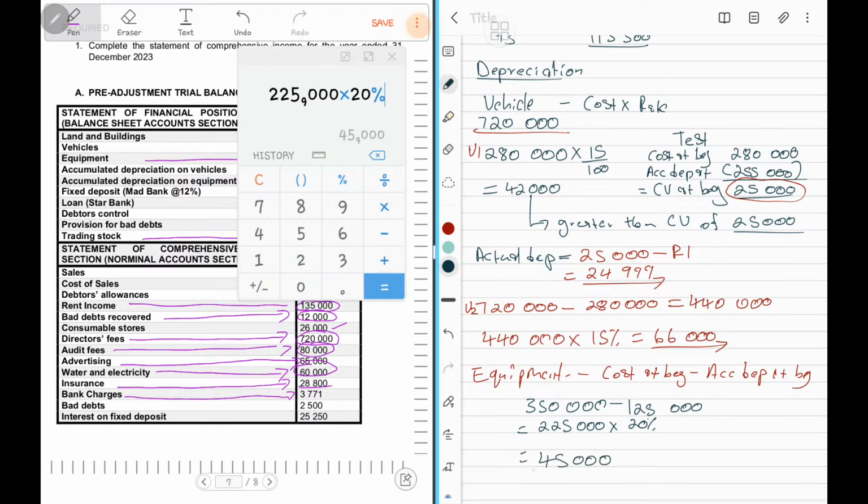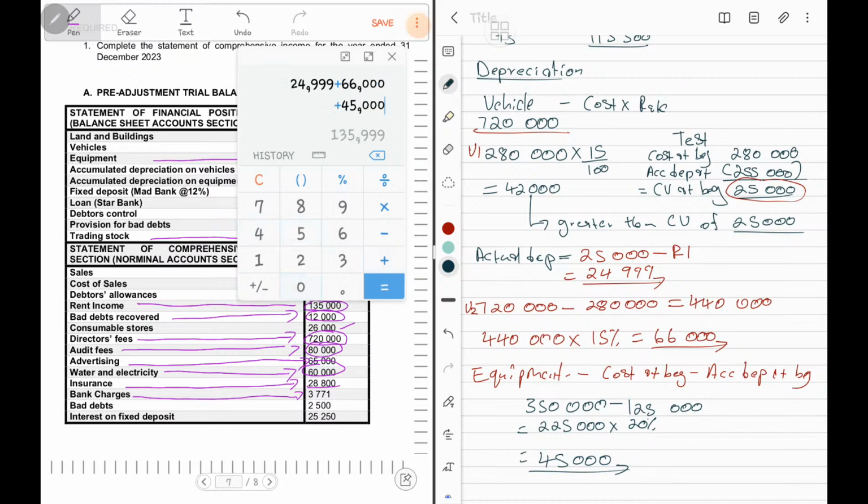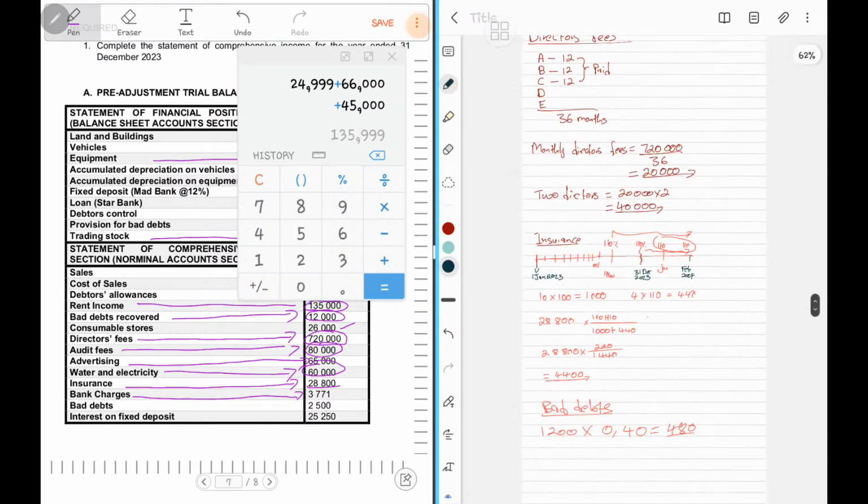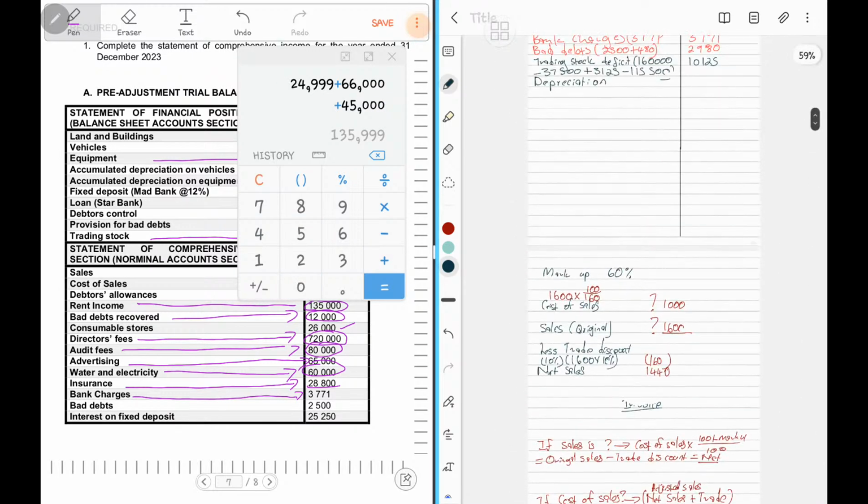45,000. Okay, then our total depreciation will be, first of all, the 24,999 plus the 66,000 plus the 45,000. So this will be our total depreciation for the year.